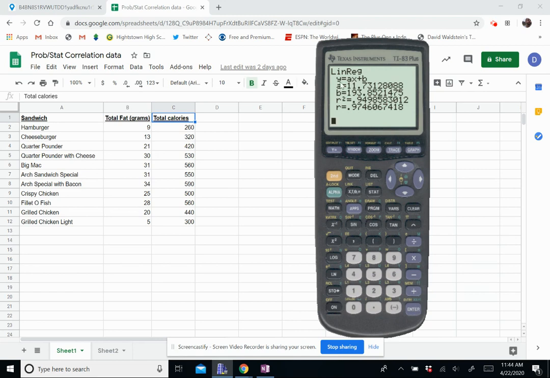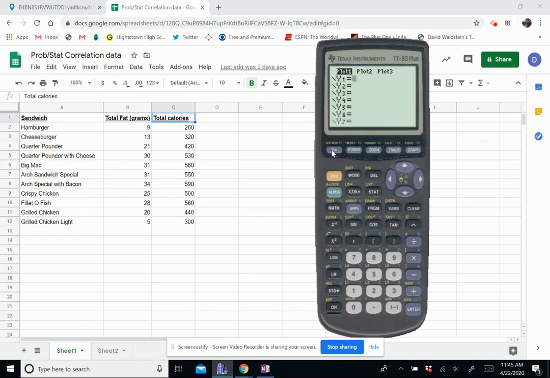You'll notice that not only does it give the correlation and the square of the correlation, we probably won't get into R squared, but it gives us A and B. A and B is just the slope and the y-intercept of our line of best fit.